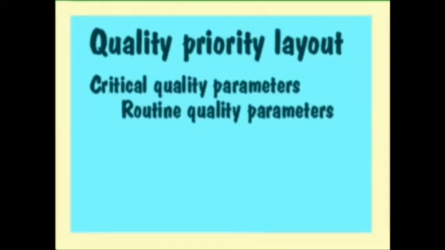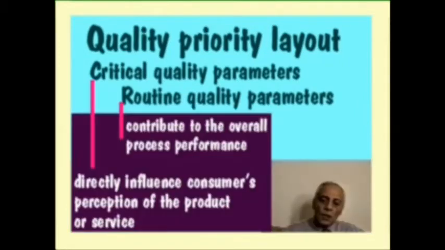Quality priority layout. Companies can divide their quality parameters into critical and routine. When we say critical parameters, this is something that has to be decided in view of the organization. Okay?